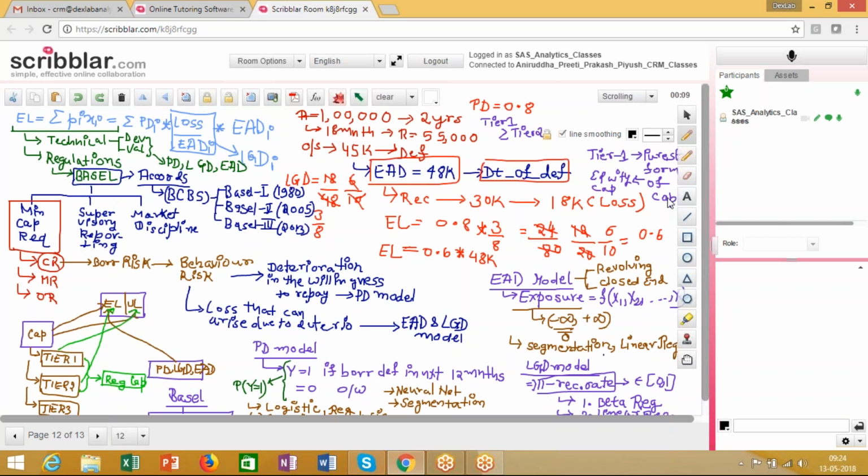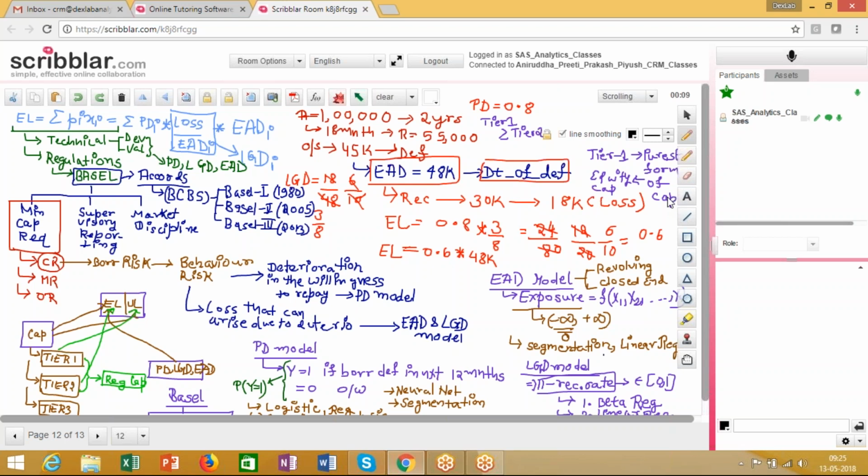So it's the most core and purest form of capital, and it is this part which should be adequate in size, so that it can absorb all unexpected losses and potential losses.